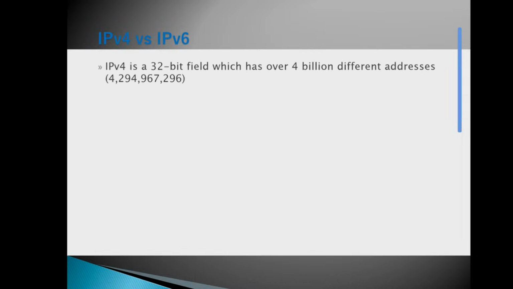IPv4 is a 32-bit field which has over 4 billion different IP addresses. So IPv4 consists of 32 bits, which converts into nearly 4 billion IP addresses, that is 400 crore. 400 crore IP addresses are available in IPv4.